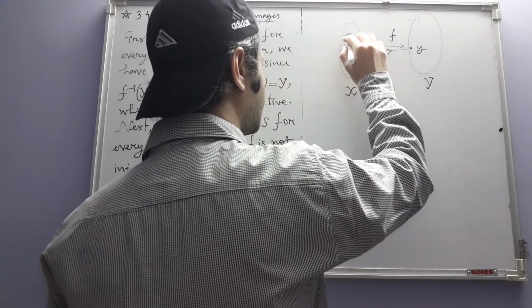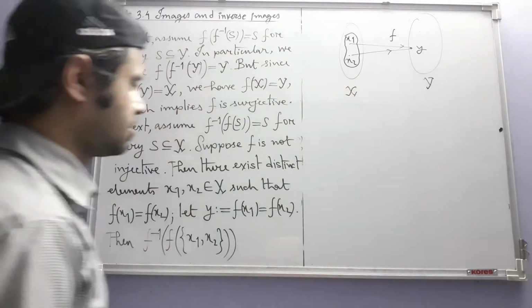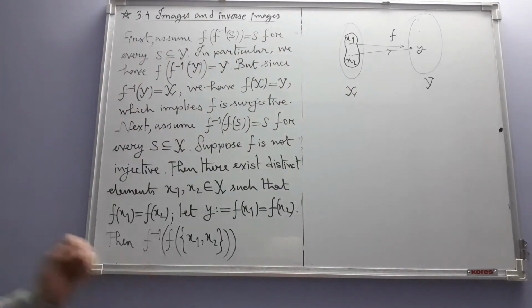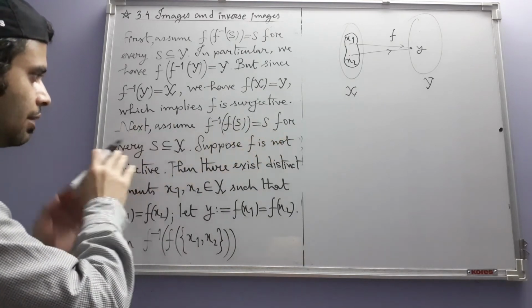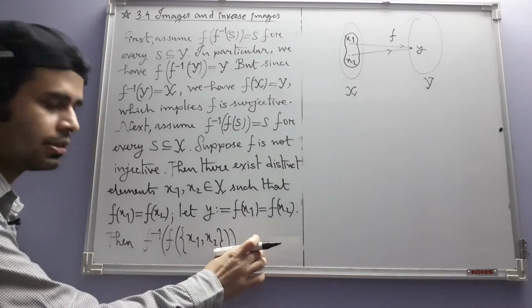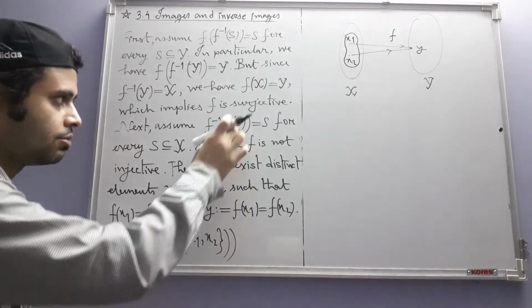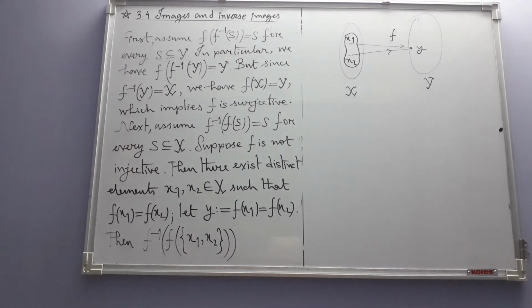Now we have taken this subset of X. For this subset, according to our hypothesis, this should be equal to this set because we are now replacing S by this set with two elements. Is it true? Let us see.